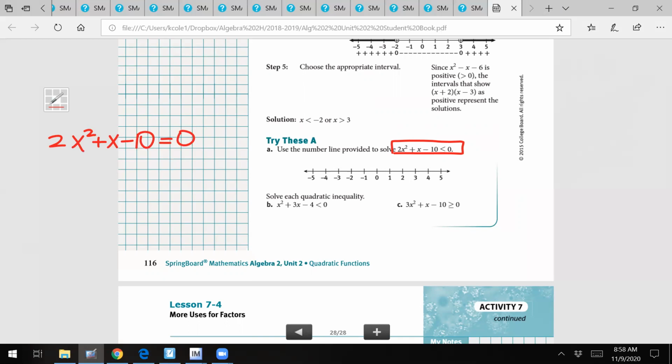Setting it equal to 0 is going to allow me to solve and find my solutions. Then I will figure out whether it needs to be less than or greater than. Now, this one has a 2 as my A. So this one requires slip and slide. Remember, some of them do, some of them don't. If there's a number in front, it does. So we slip that 2 over.